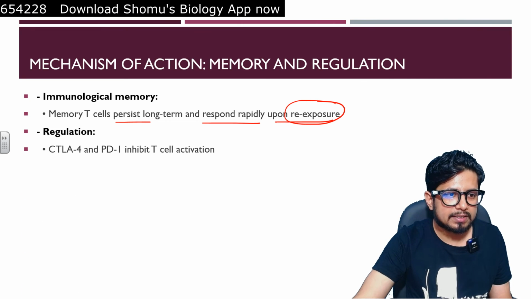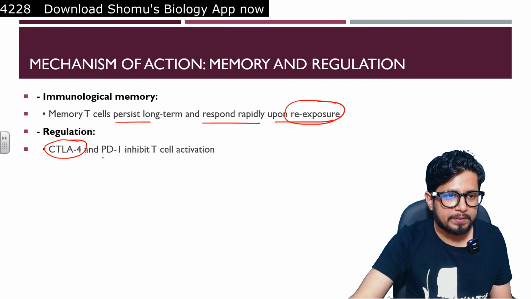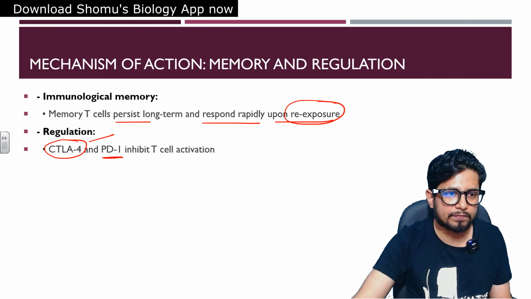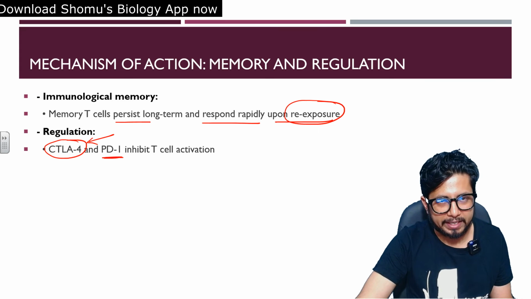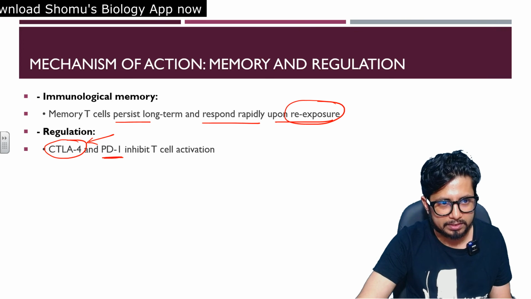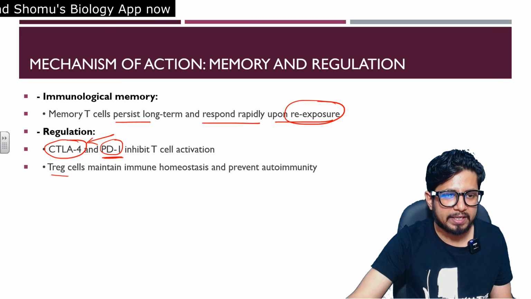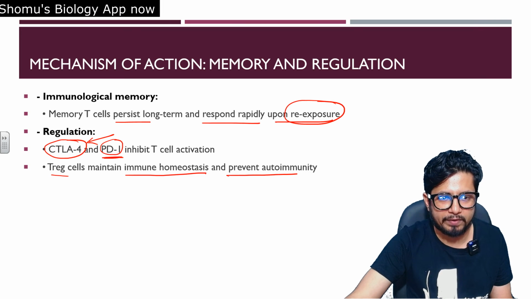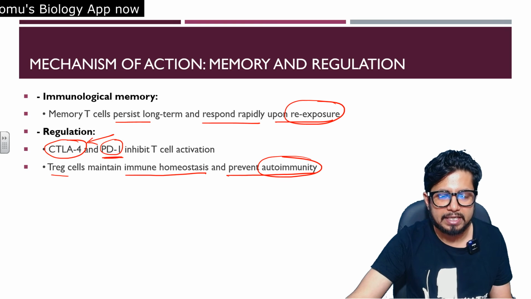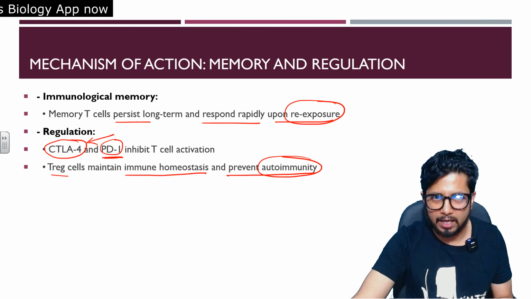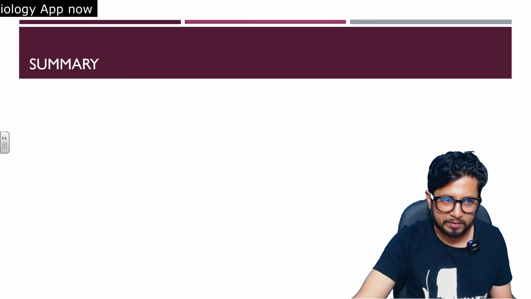Regulation: CTLA4 and PD1 are the inhibitors of T cell activation. If CTLA4 is there, then the T cell will not be activated, T cell maturation will be halted, similar to the PD1 case. And T regulatory cells maintain immune homeostasis and prevent autoimmunity, that means the tendency of our immune system to go against us or itself, okay, to prevent that.